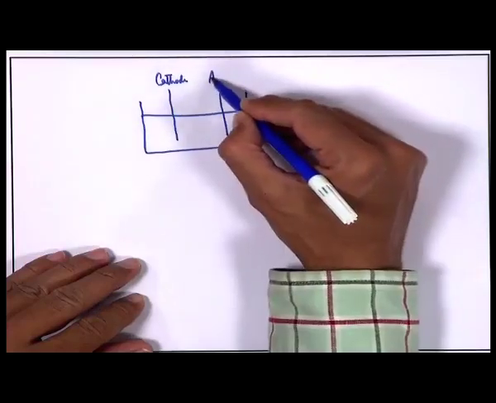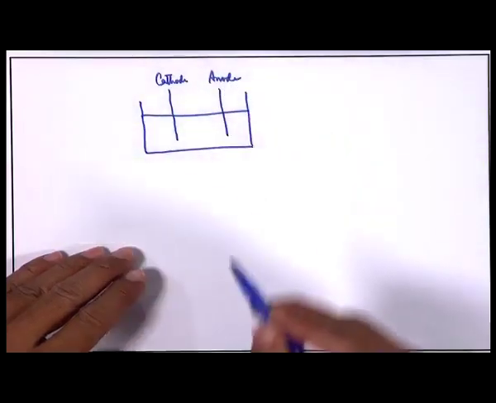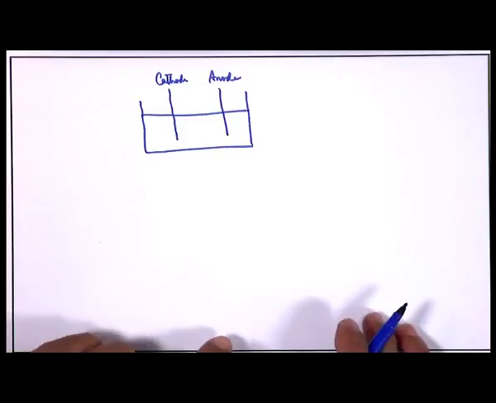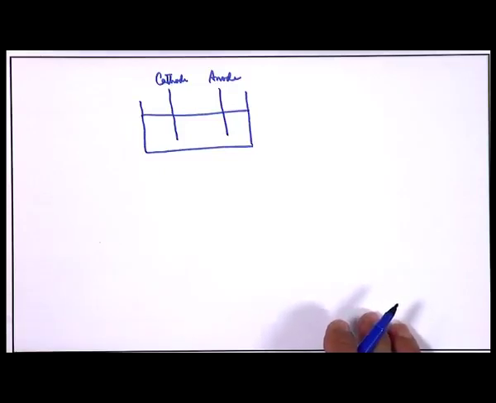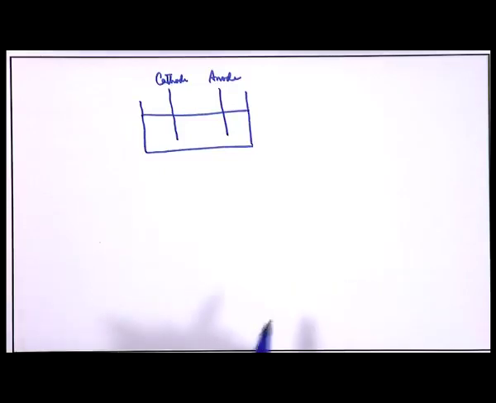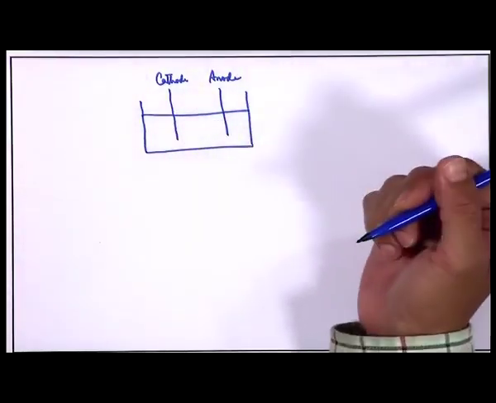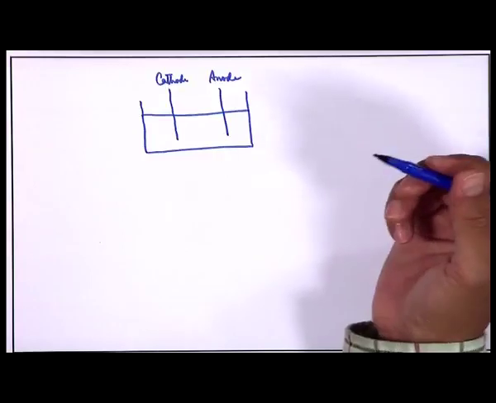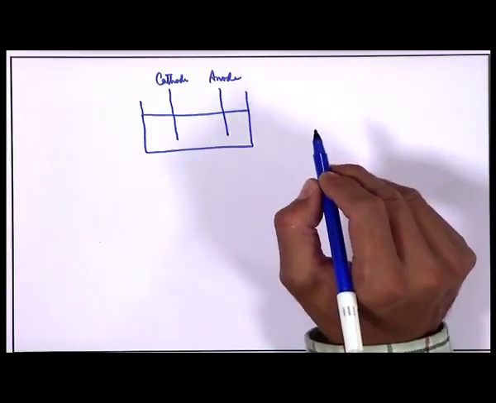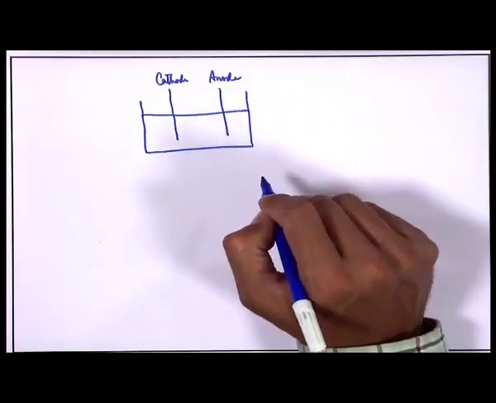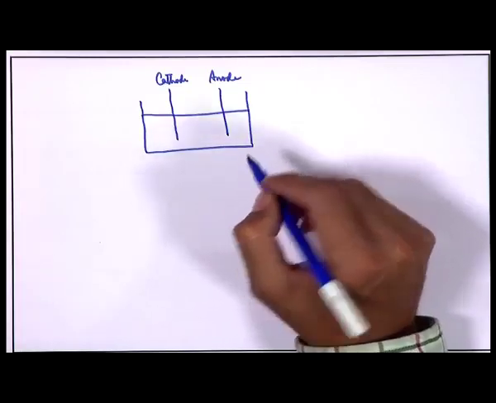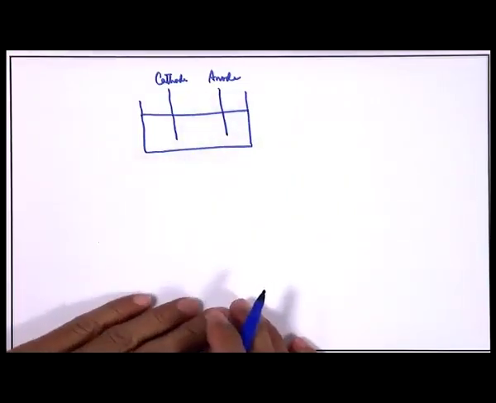Cathode, anode, and we are supplying a DC source. That means a steady current is provided through this acid solution. That is, you have pure water and maybe you are putting 1 or 2 drops of HCl in it, and then you look at what is going to happen. What will happen?